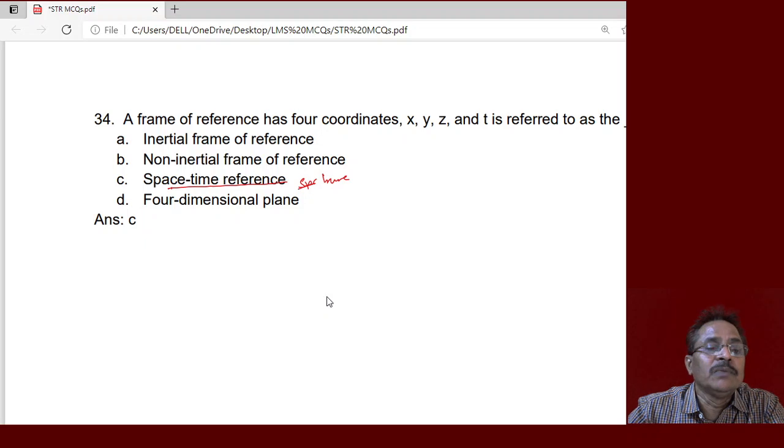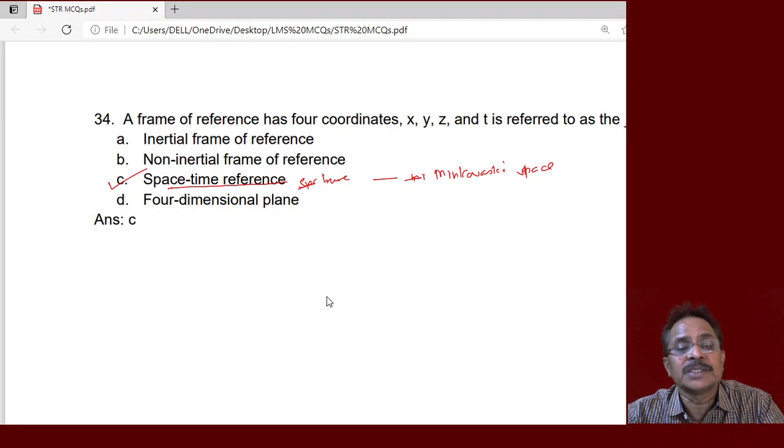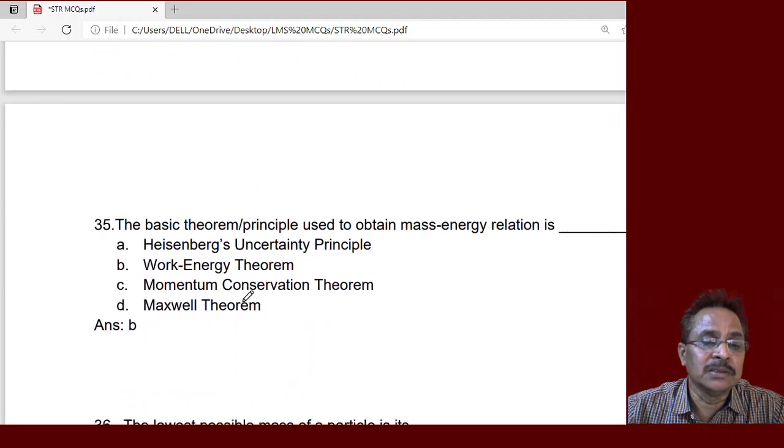And that's why C is the correct answer for question number 34. That is what we just called the Minkowski space. So this is space-time, or space-time continuum, four-dimensional space, or space-time reference frame, or Minkowski space. So all these are the same.